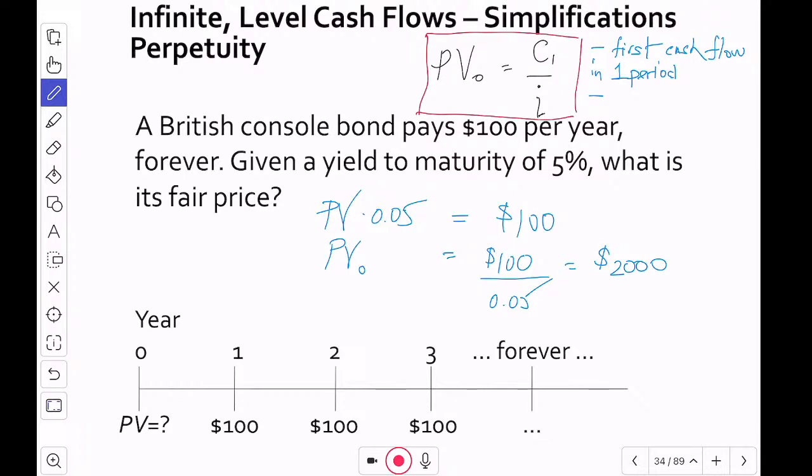And what else? Cash flows are the same. And what else? And cash flows are infinite.